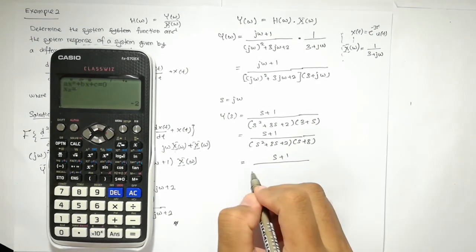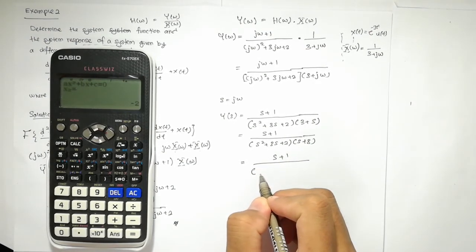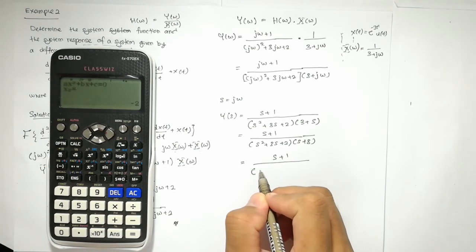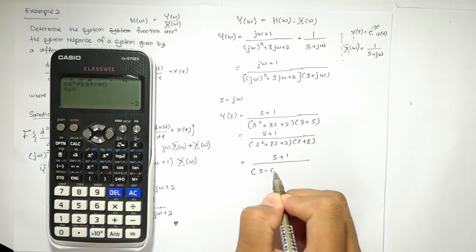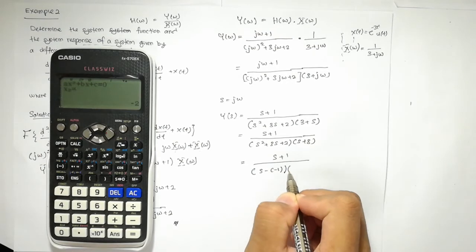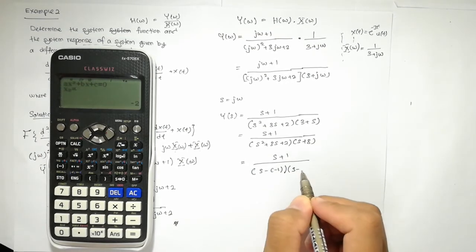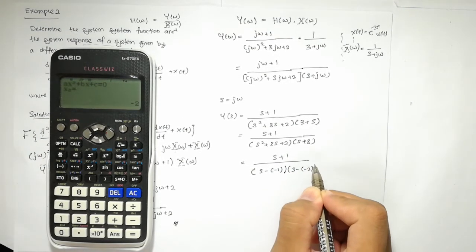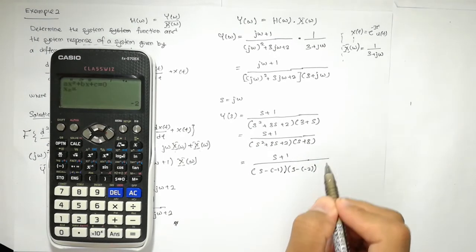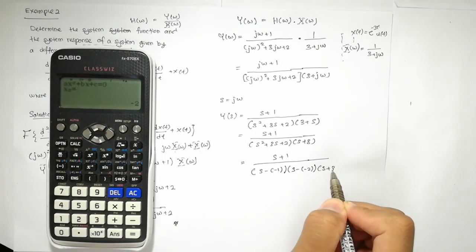So this will be equal to (s + 1), because these are the roots: the first root gives (s + 1), and then the second root gives (s + 2). Right, so this will be multiplied by 1 over (s + 3).